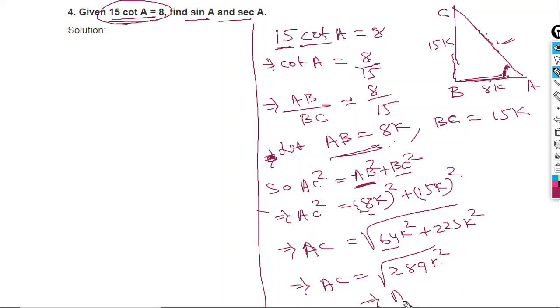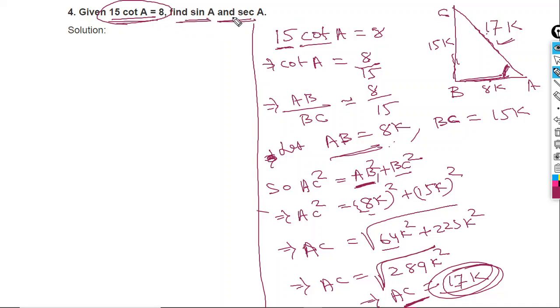Implies AC is equal to, you see, 289 is the square of 17. So it will be 17K. So we got the value of AC, 17K.